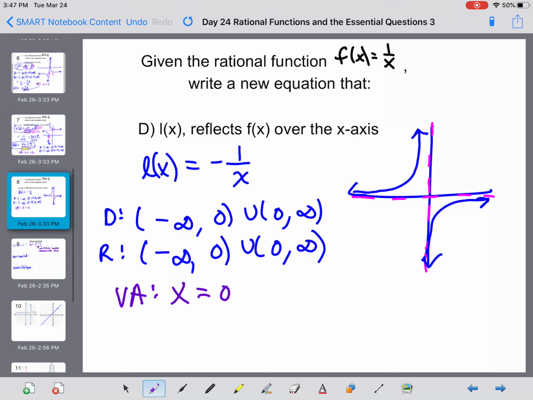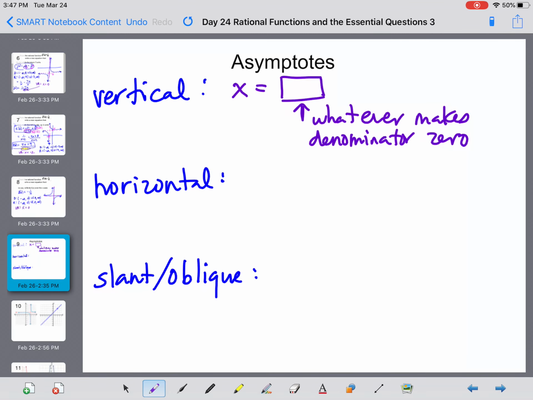For the horizontal asymptote, there's actually a couple of different scenarios here, but again, we're keeping this pretty basic. So for a horizontal asymptote, we are going to be looking at two scenarios.